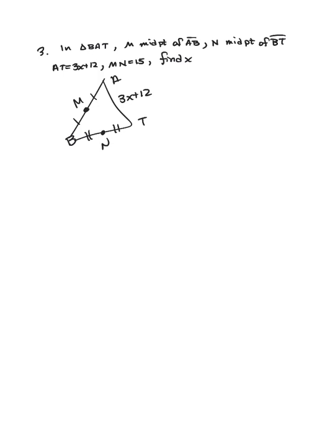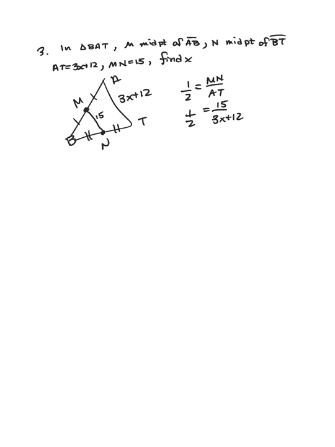MN is 15. Okay, so what you need to know is these are also in a 1-to-2 ratio. So you can make your proportion, 1-to-2 ratio would be MN to AT. And then just put in your information. 1-to-2 is 15 to 3x plus 12.